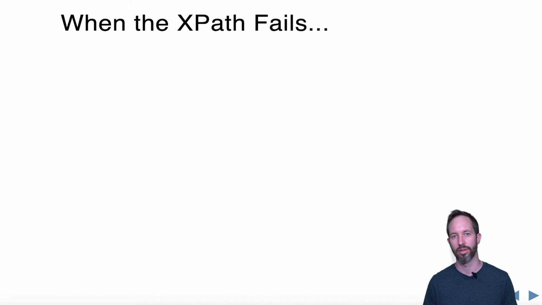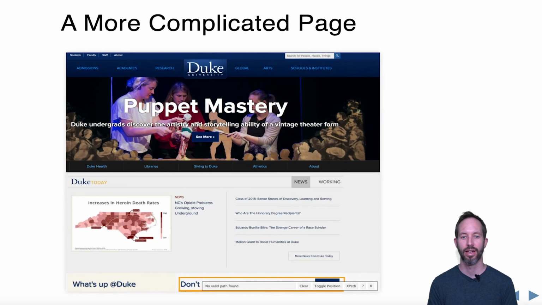So very often the XPath does not yield the results that you like, particularly on more complicated pages where some type of interaction is necessary to reveal the information that you want to collect. So let's take a look at an example I hope I can scrape because it's my own university, www.duke.edu, and we want to scrape, in this case, the list of events from the home page.